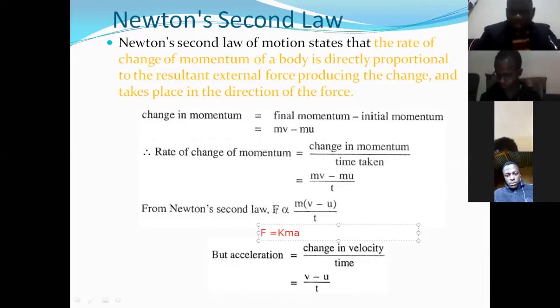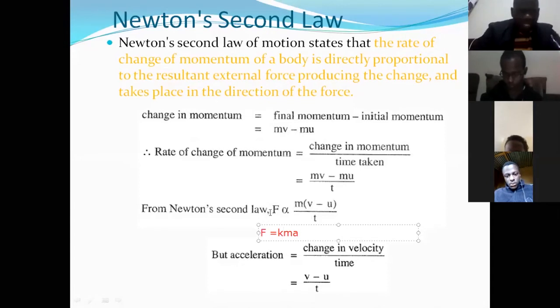Because when we remove the proportionality sign, we replace it with a constant K. This constant K, we must find it. In the final equation, you find that K is not existing. Remember that.